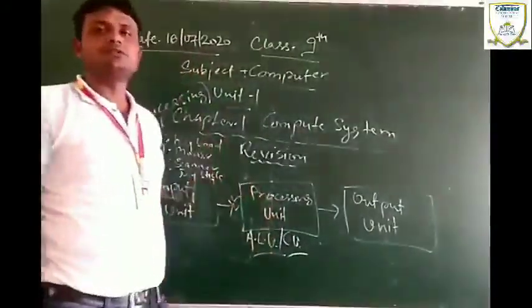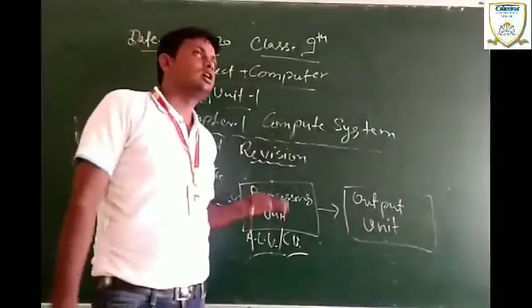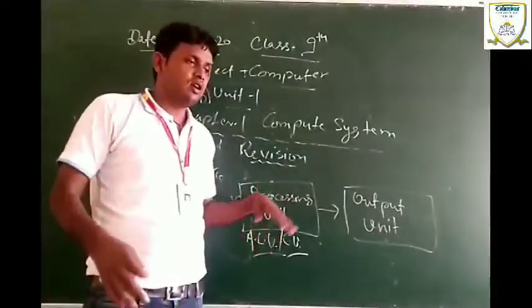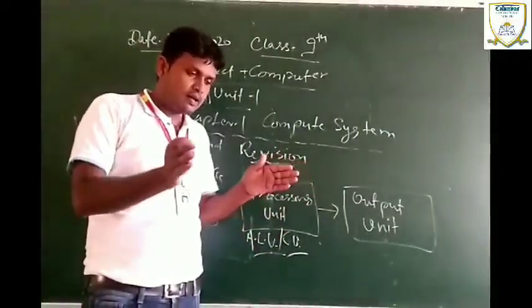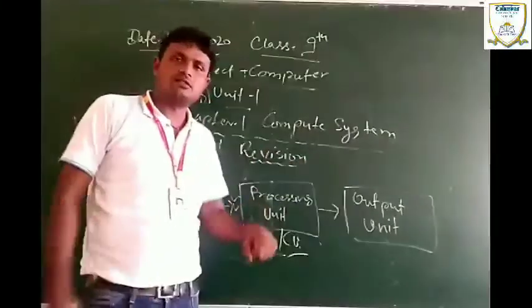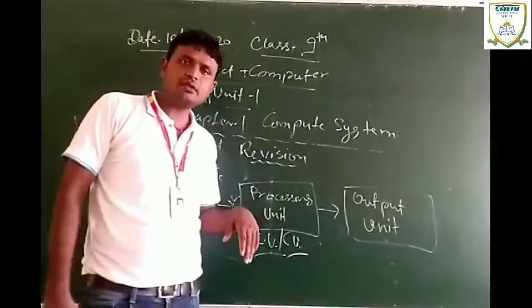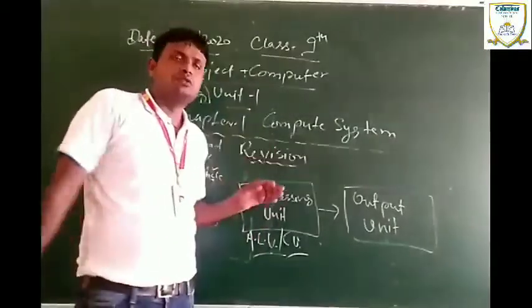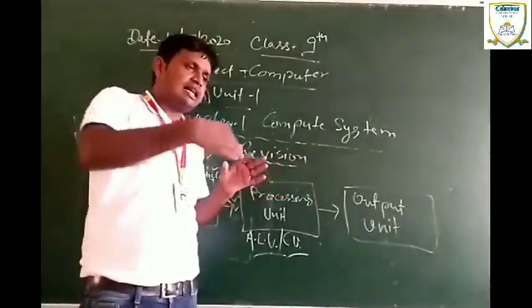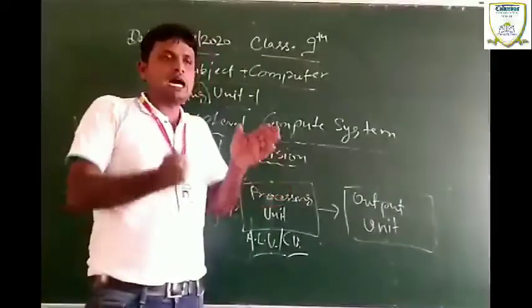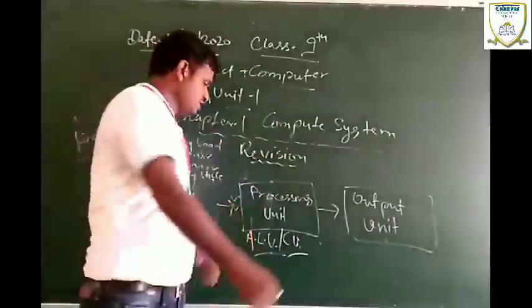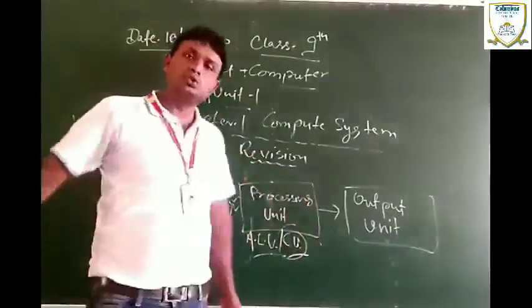After ALU, I also explained CU, the control unit. The control unit's work is this: all the computer peripheral devices are connected to the central processing unit, the CPU cabinet. So the connections of all the wires are maintained by this control unit.